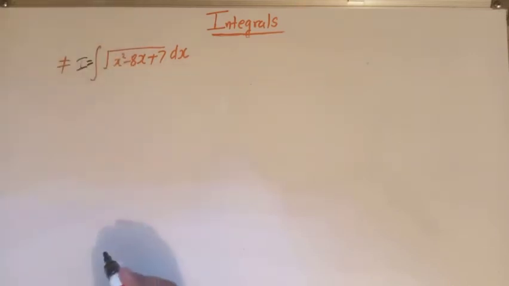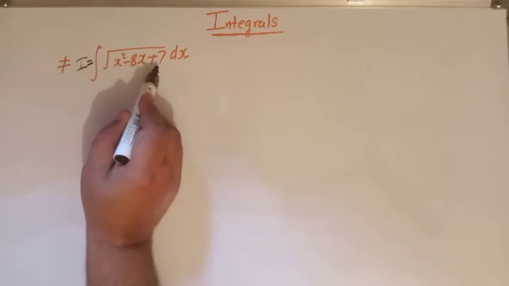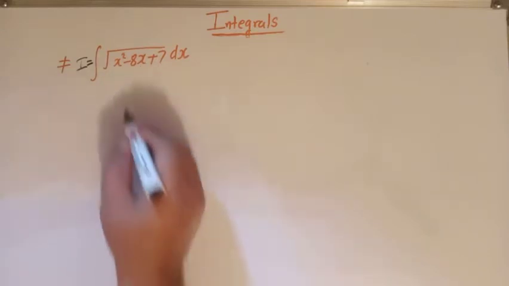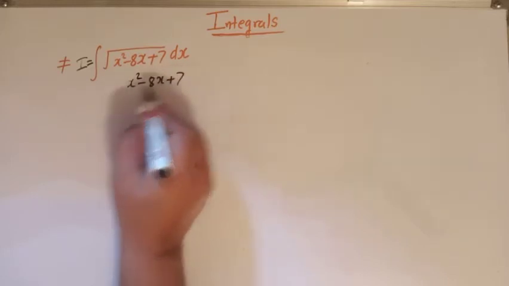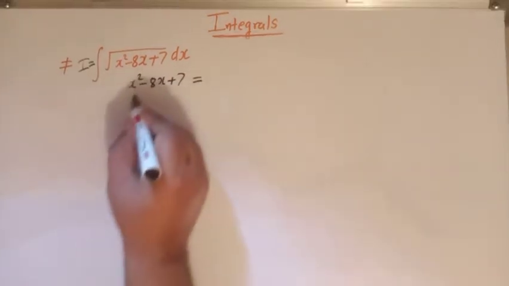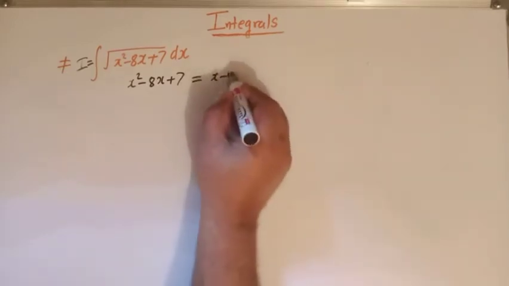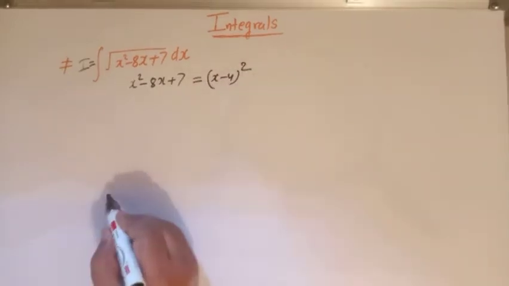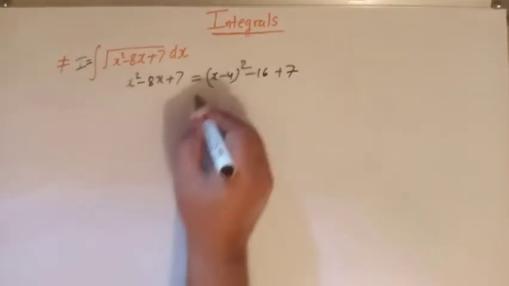Clear? Now we have to find the integral of the square root of x square minus 8x plus 7. So again, viewers, we have this quadratic polynomial, and we'll express it by completing the square, and we can write it as (x minus 4) square minus 16 plus 7. Clear?